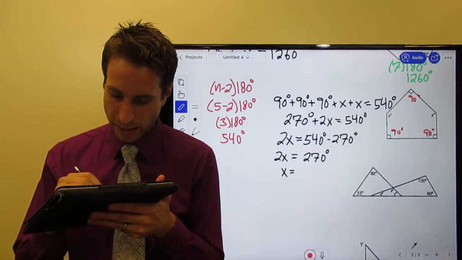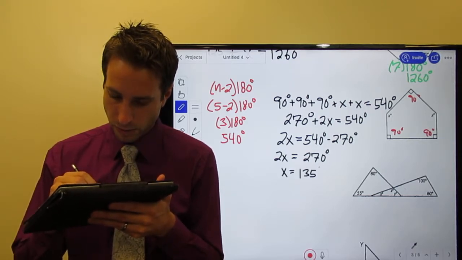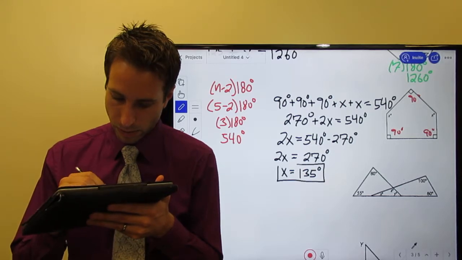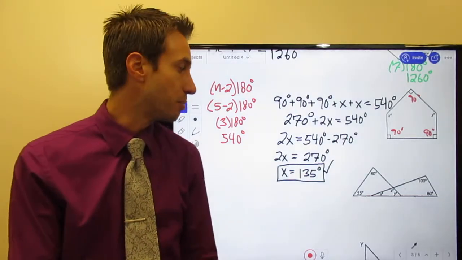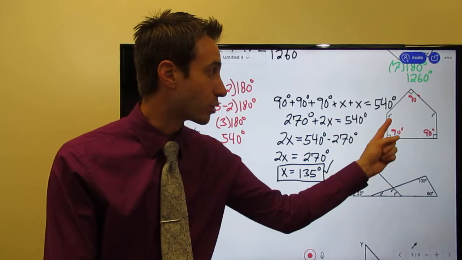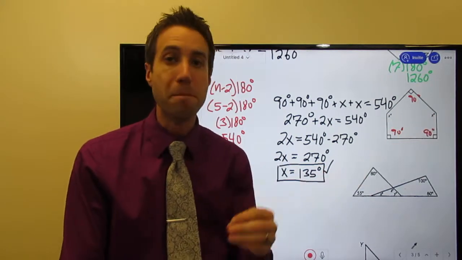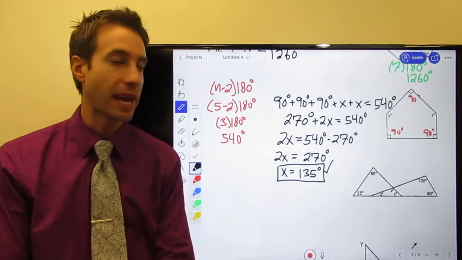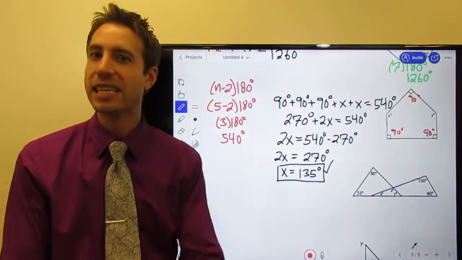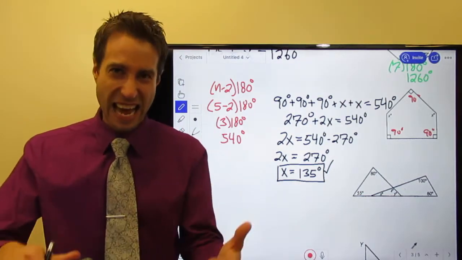Divide both sides by 2. X has to be 135 degrees. So both of those angles must be 135 degrees.